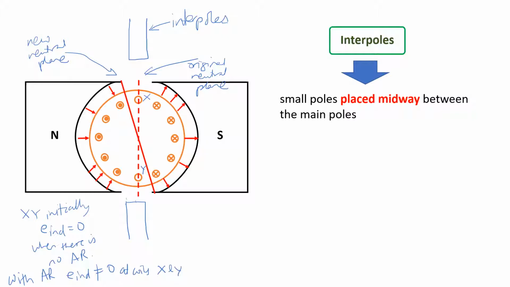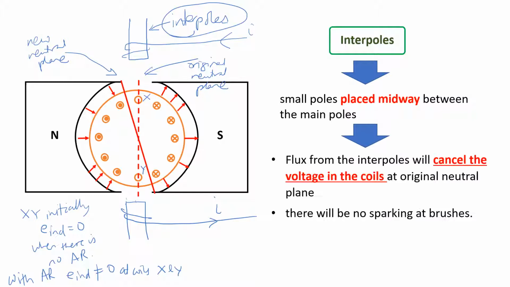So what will happen? The job of the interpoles will be provided with current or supplied by current. And the interpoles would produce a flux.